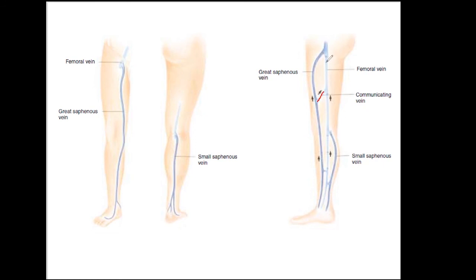So if the patient has some trouble in the deeper vein, it will certainly block the blood flowing back. Normally the blood flows back, and this may cause edema in the leg.